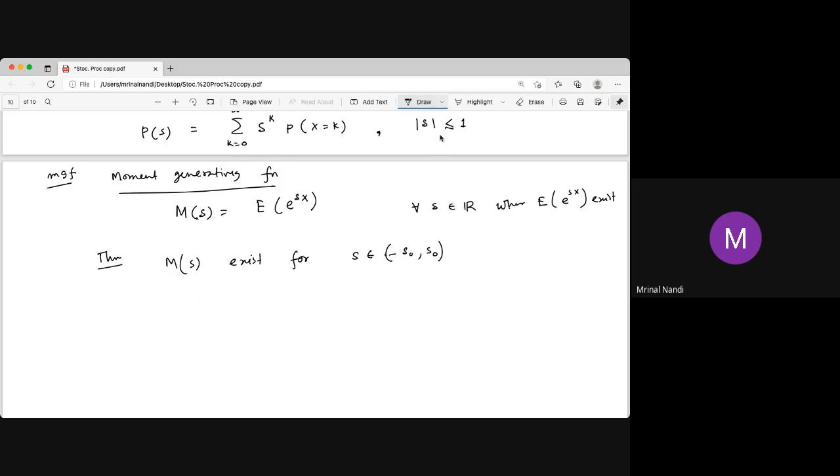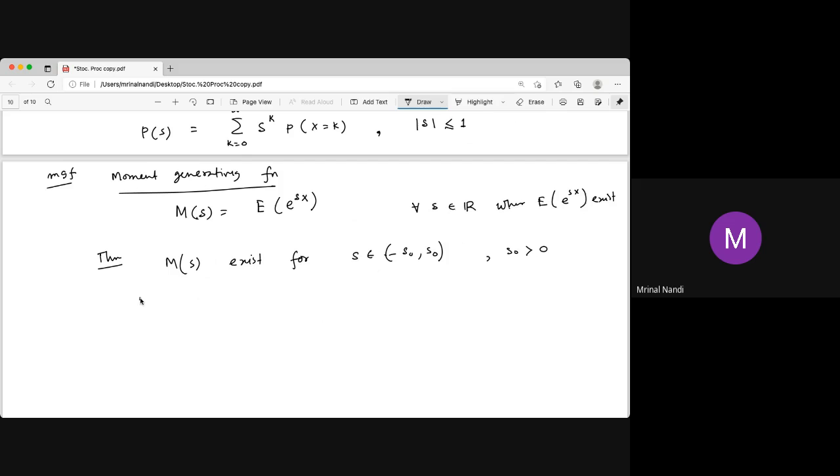Now, M(s) exists for this. If this exists in (-s0, s0) for some s0 positive, and we assume that the derivative of all orders exists at s equal to 0.